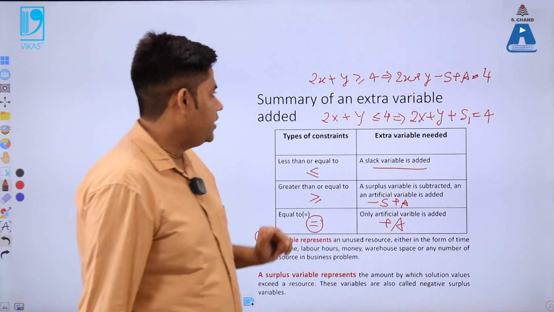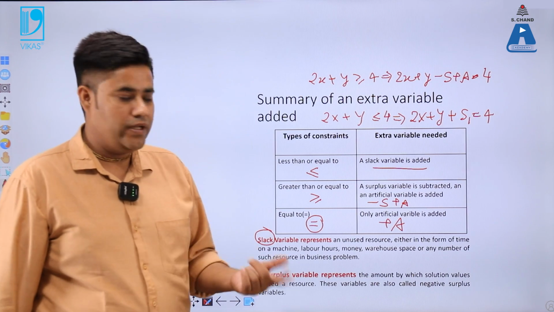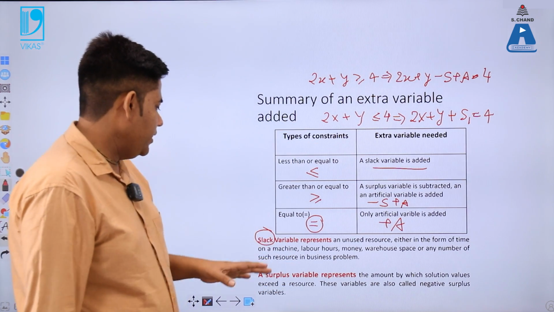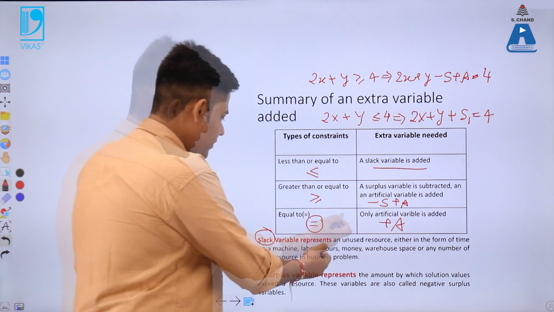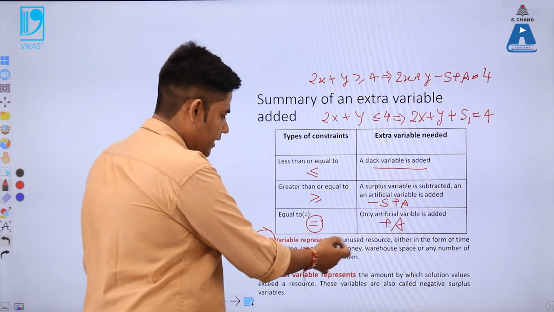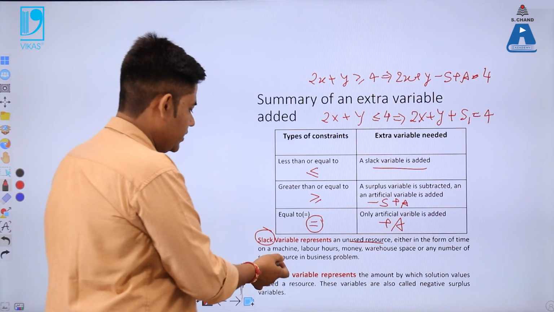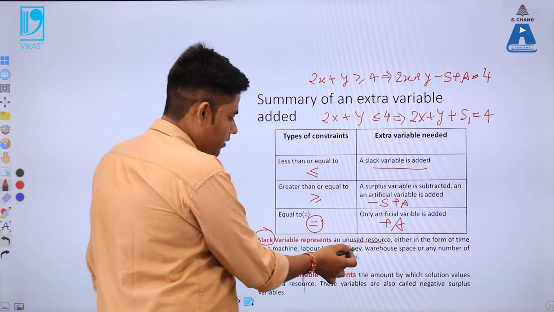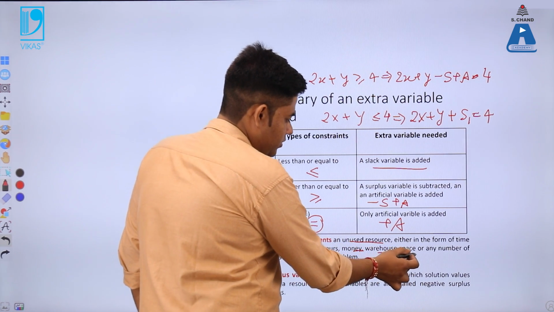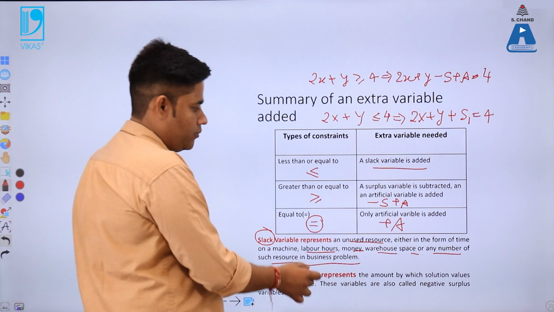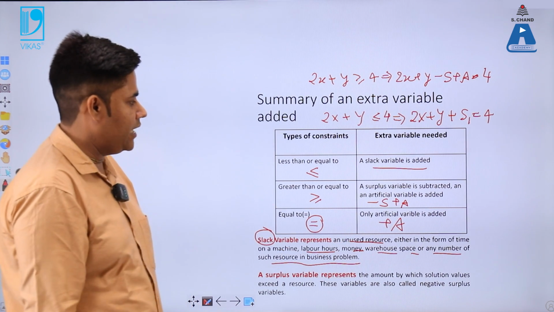So that visiting faculty is a kind of slack variable that is to be added into the equation in order to make it an equality. As per the definition, that unused resource lying in the company can be a slack variable. That might be labor hours, money, warehouse space, or any resource in the business problem; that can be termed as a slack variable.